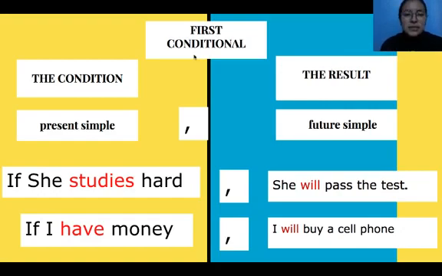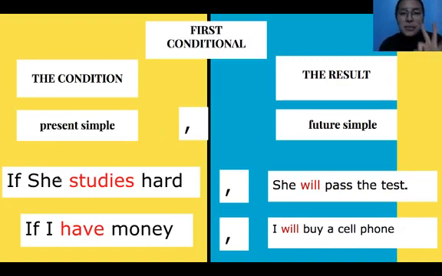Now, in the first conditional, you have to join present simple and future simple, okay? Usted tiene que unir el presente simple y el futuro simple, okay? In the case of present simple, you have to remember this rule.